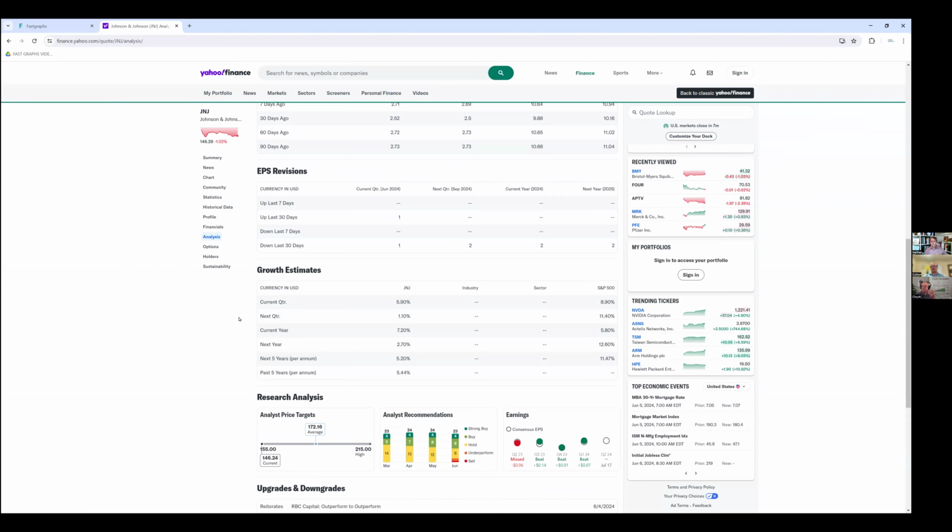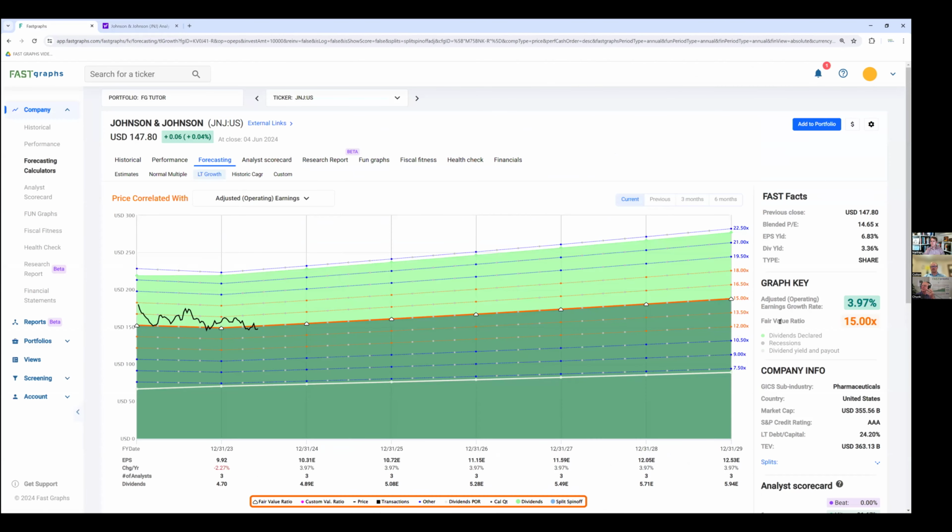I think they get theirs from Reuters. Here they give the next year's estimate, and they give the next 5 years of 5.2%. Now, if I go back to Fast Graphs, we're given 3.97 with only 3 analysts in the universe. Different estimates, but 3 to 5% might be a reasonable expectation for this company as a long-term growth rate.